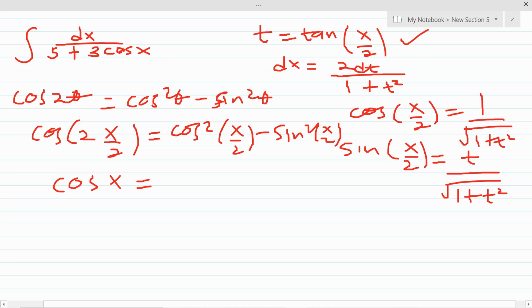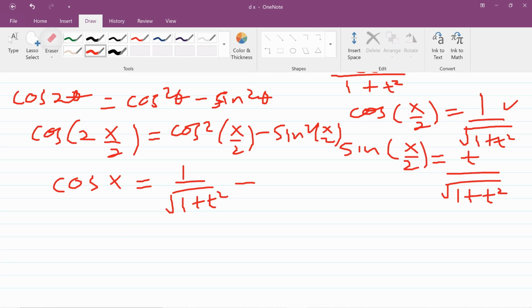It is equal to cos squared of x over 2, which is 1 over the square root of 1 plus t squared; when I square it, the square root will go.